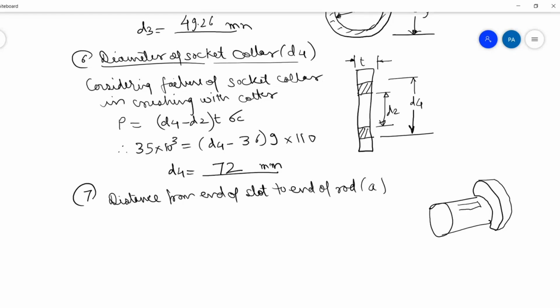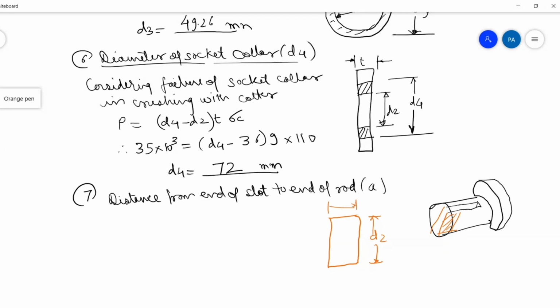This is the slot which elongates here. And this portion comes out like this. So the failure sketch is like this. This thing is D2.